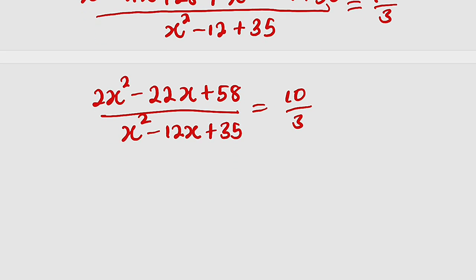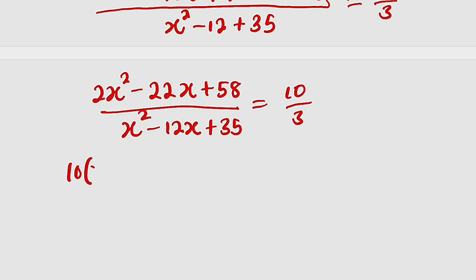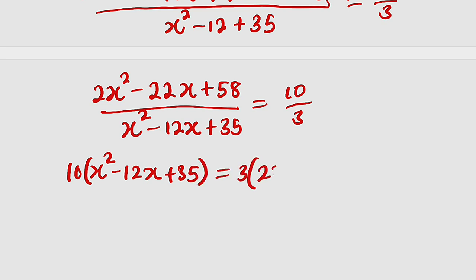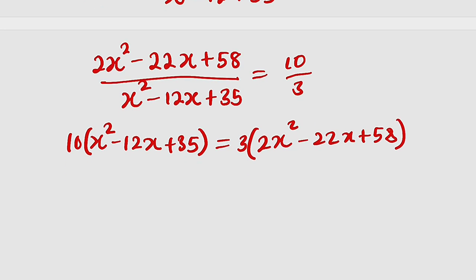Now we are going to cross multiply. So this is 10 times (x squared minus 12x plus 35). This is equal to 3 multiplied by (2x squared minus 22x plus 58). So let's expand.